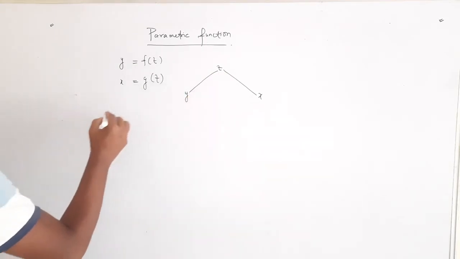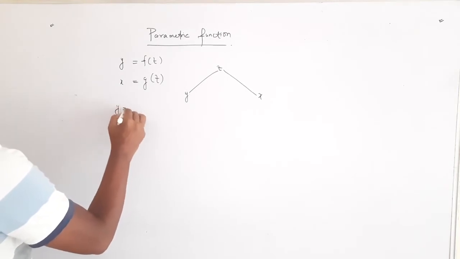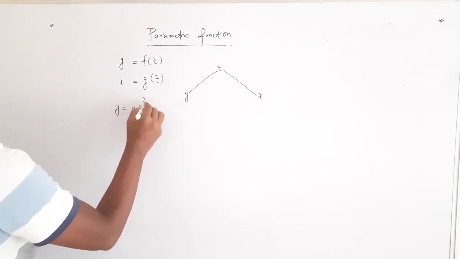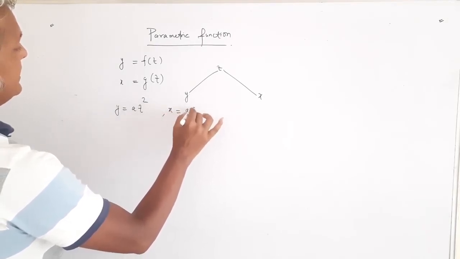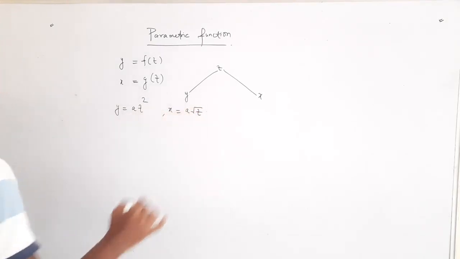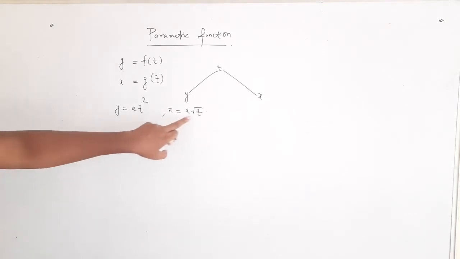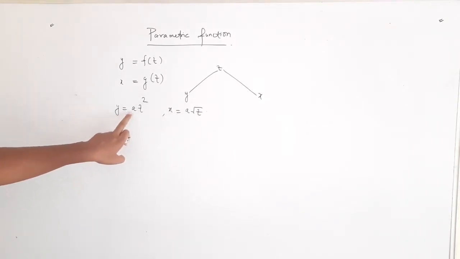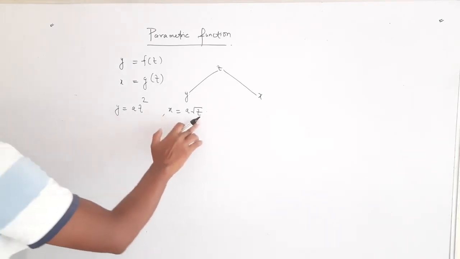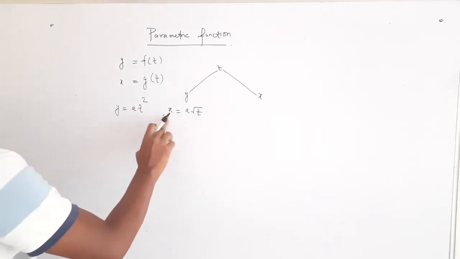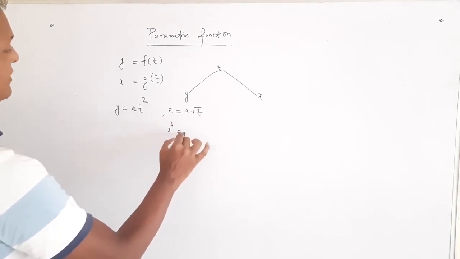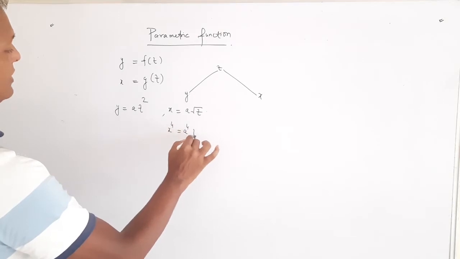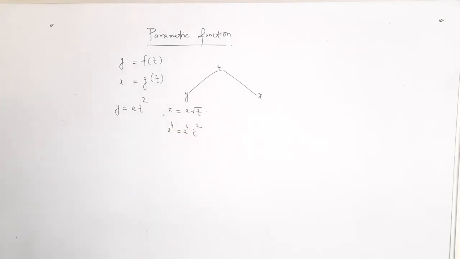For example, suppose y equals a t square and x equals a under root t. So now these are two functions, y is a t square and x is a root t. How can we eliminate root t? If you raise x to the power 4, x to the power 4 will become a to the power 4 t square.